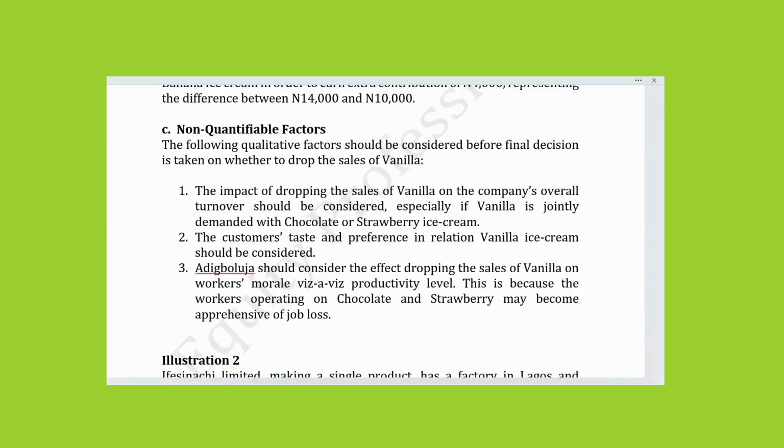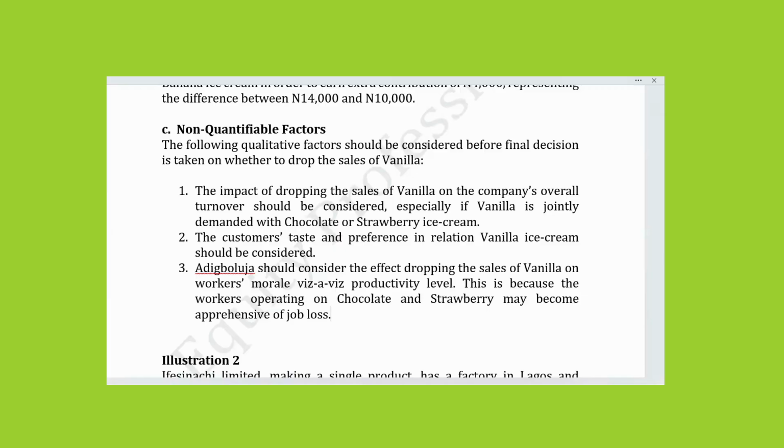So their thinking is that, which is natural, we are human, you know. Now they're asking the workers operating under vanilla to go. For example, we that are operating on chocolate and then strawberry ice cream. Tomorrow the company may come up to say that, okay, they are no more producing chocolate.